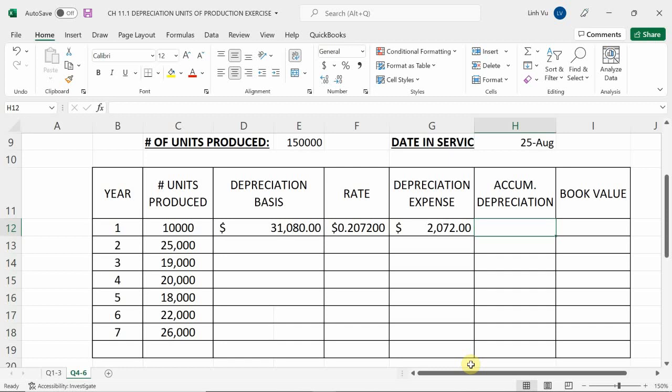Nothing. And then what's my current year's depreciation expense? 2,072. So in this case, it'll be 0 plus 2,072 gives you 2,072. What's my book value going to be at the end of year 1? 2,072.